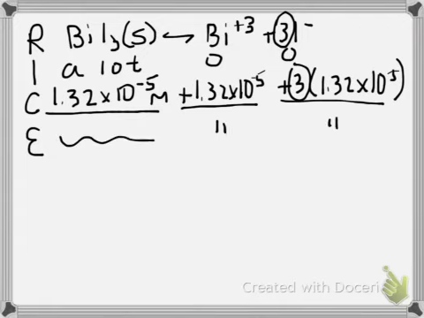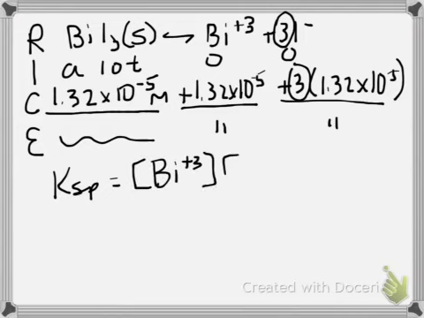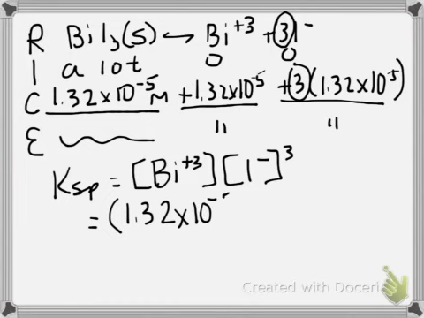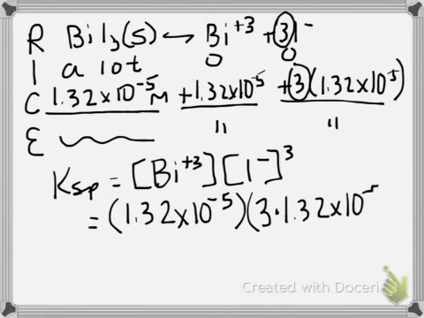This one doesn't matter. The KSP expression on this one is going to be bismuth times the iodide cubed. So we plug in our values, 1.32 times 10 to the negative fifth. The iodide value, it's 3 times 1.32 times 10 to the negative fifth, and it's also cubed.